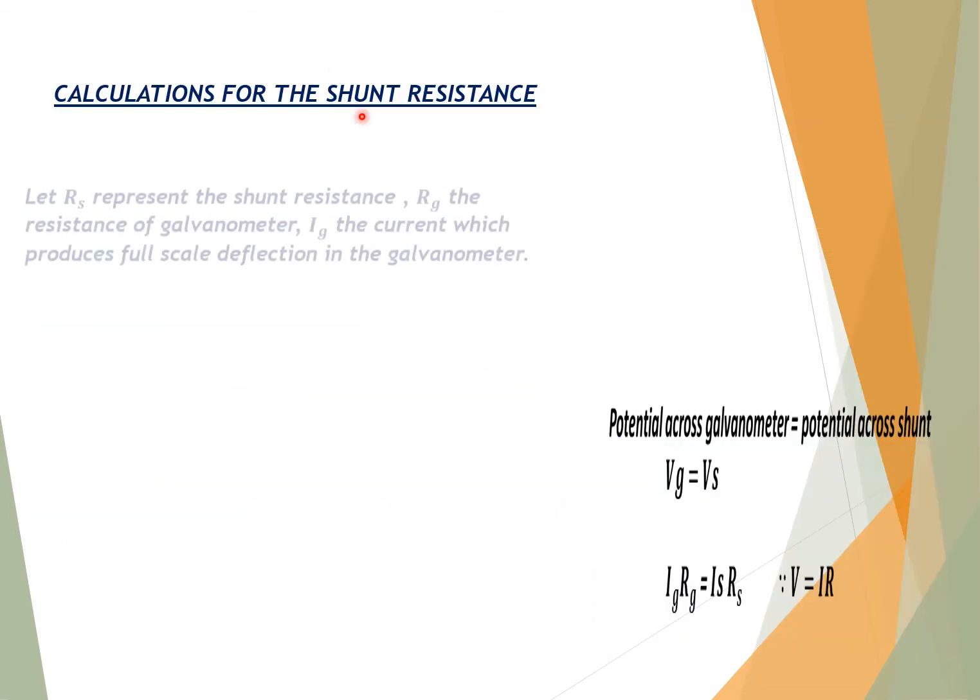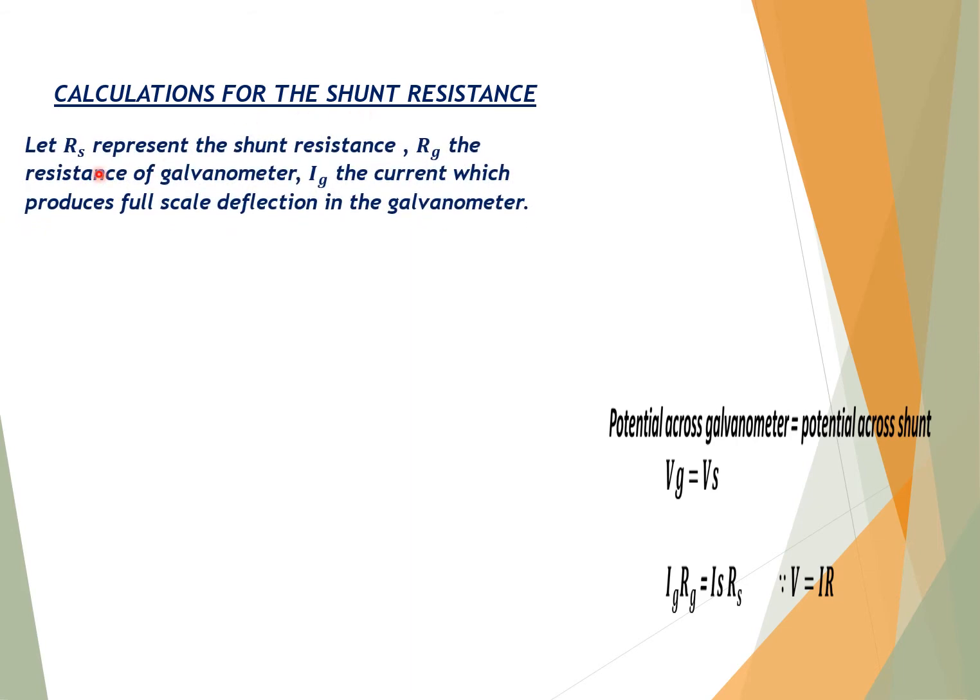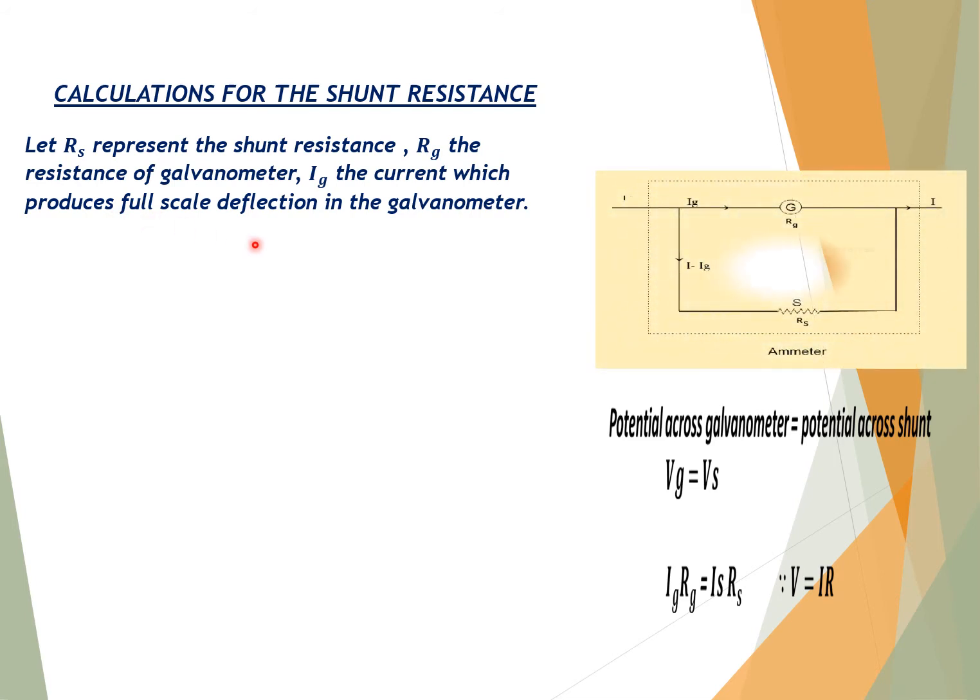Calculation for the shunt resistance. Let Rs represent the shunt resistance, Rg the resistance of the galvanometer, and Ig the current which produces full scale deflection in the galvanometer. Current passing through the circuit is I, and it divides at this point into Ig and I minus Ig.